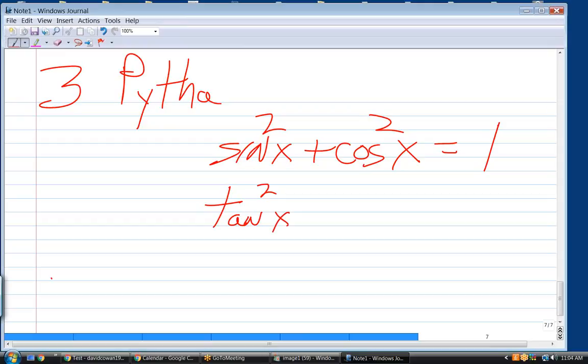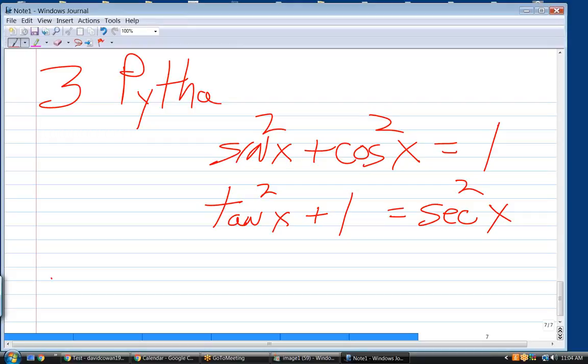The second one starts with tangent squared x plus 1 equals, secant squared. Okay? Just as important as the first one, and you'll need it as often.